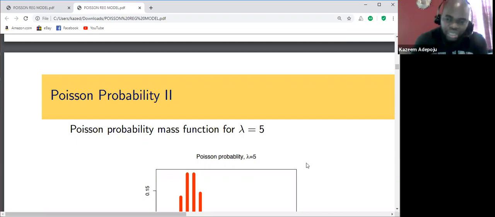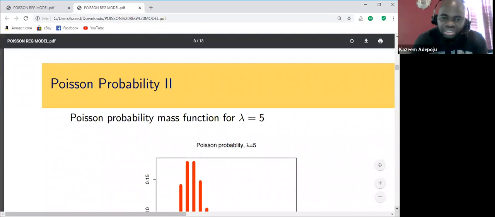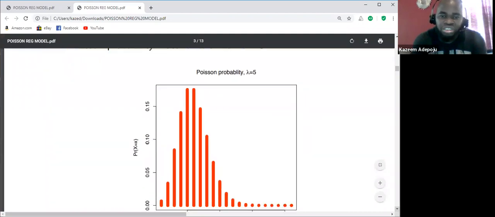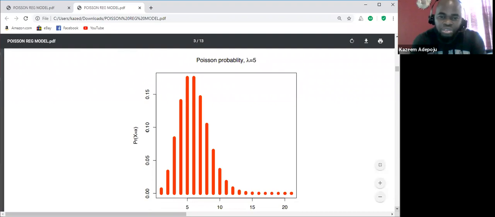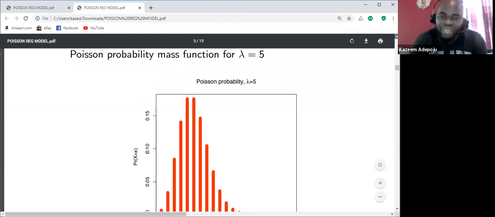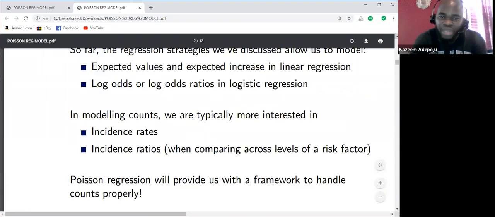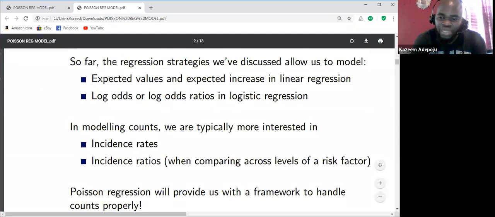What I just want to showcase here is for you to see the histogram of the probability distribution of a random variable, given lambda equal to 5. If I come back to the formula here, I'm going to show you the formula now.